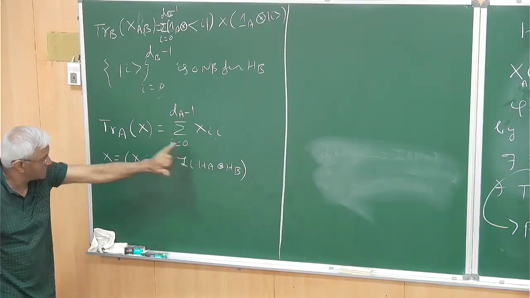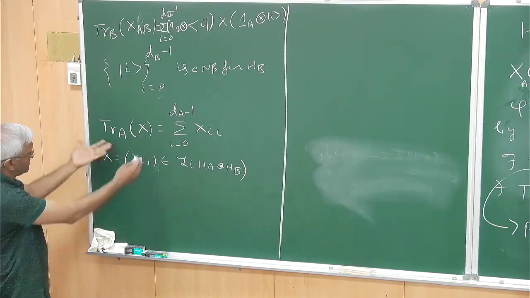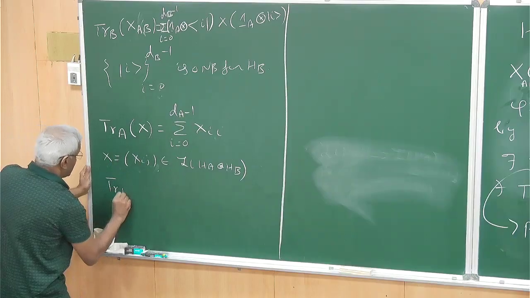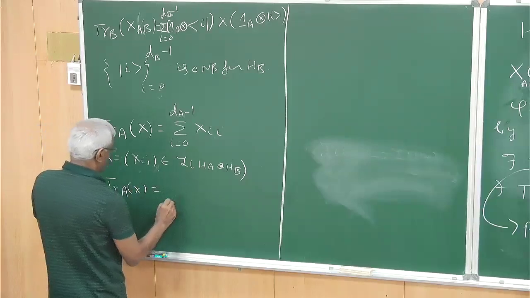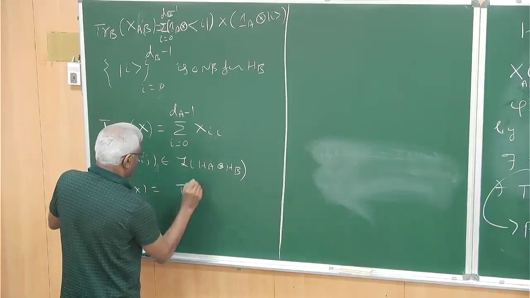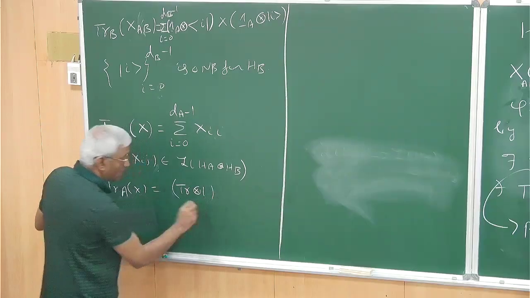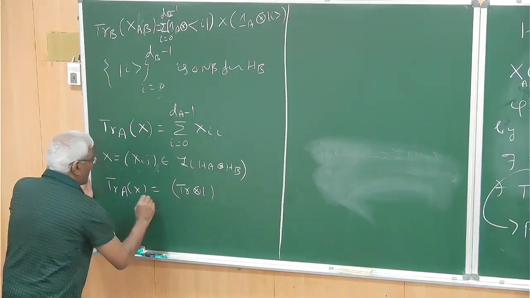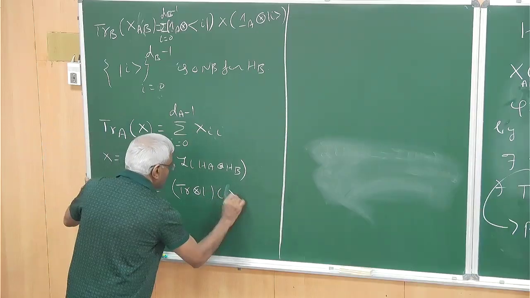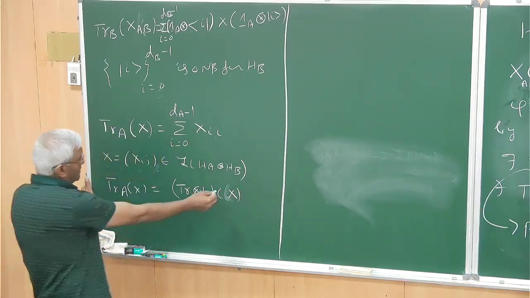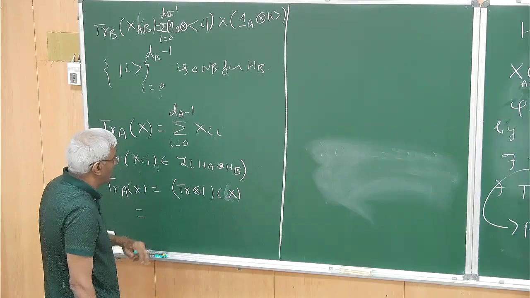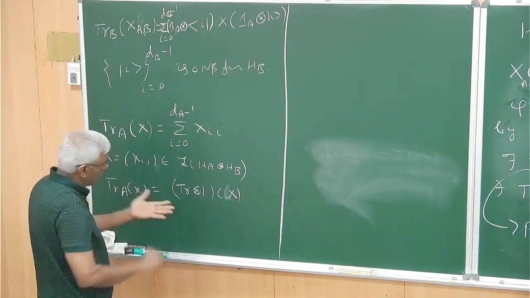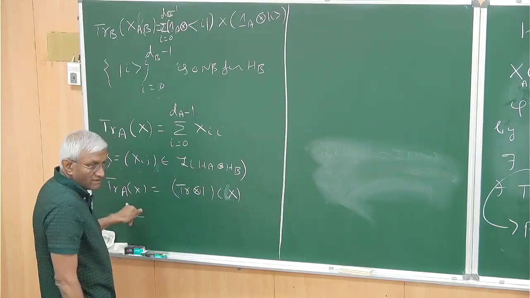You can verify this by using this formula: trace A of any x is equal to trace tensor 1 of any x. If you want, you can verify that by substitution, and that this is equal to this.